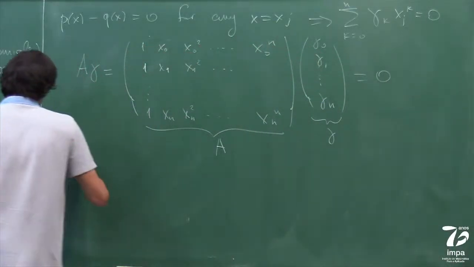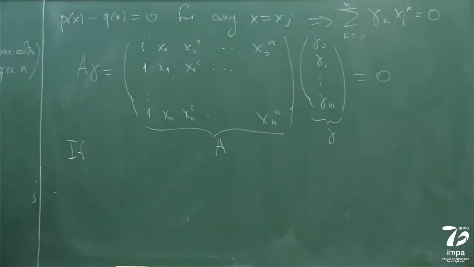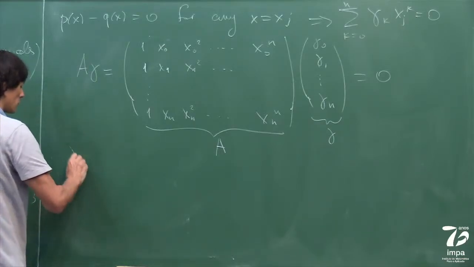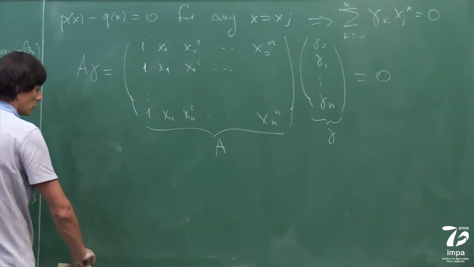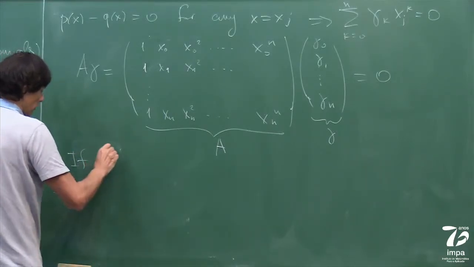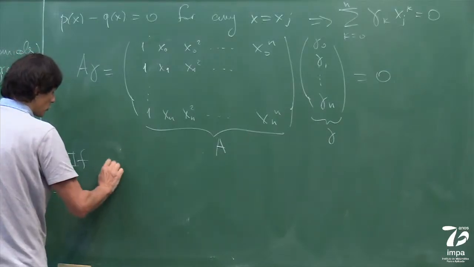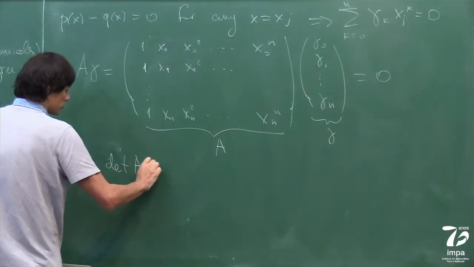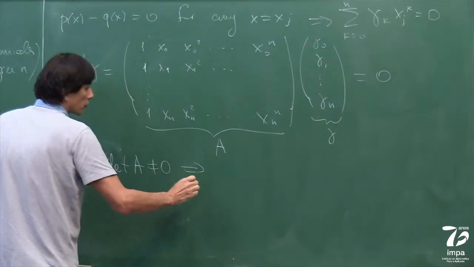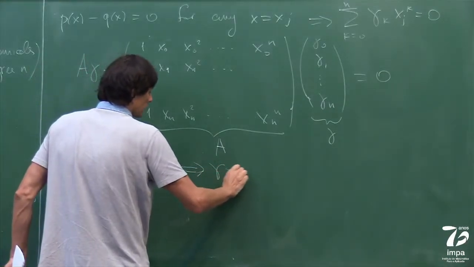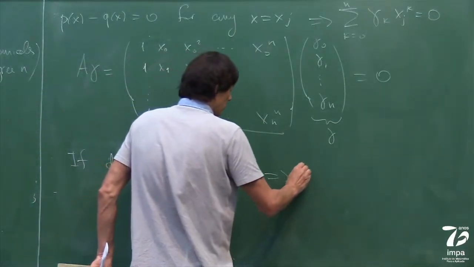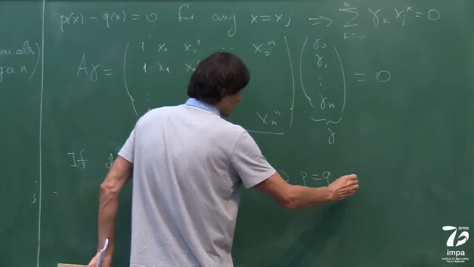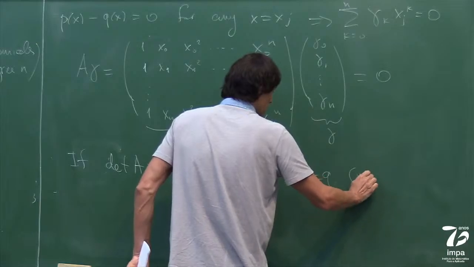So from this condition we have to prove that gamma is 0. Well, if the matrix is non-singular, so if the determinant of A is not 0, then we directly get that gamma is 0, which means that P is equal to Q. So it's unique. It proves uniqueness.